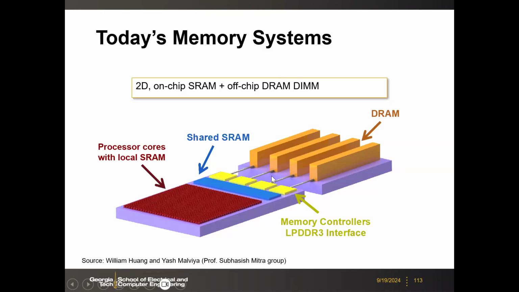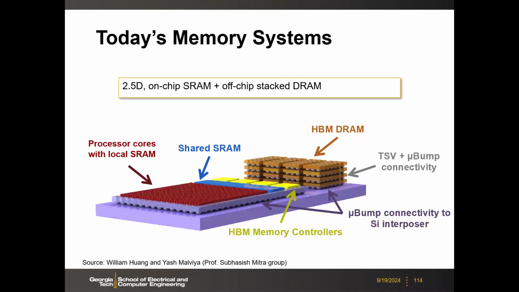They talk to each other horizontally through the interposer. And the DRAM you can now stack with TSV plus micro bump. So you can have multiple 2D DRAM dies vertically stacked, then you can increase the capacity of the DRAM.